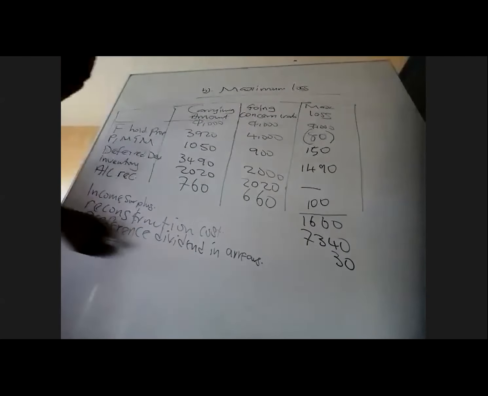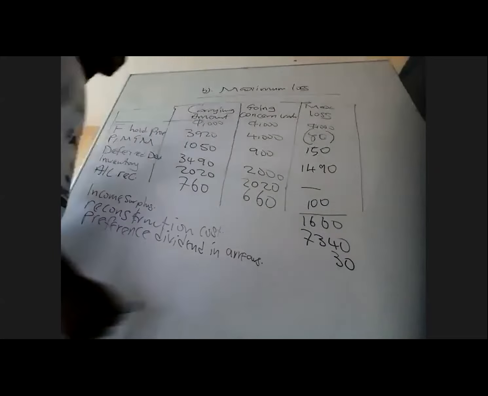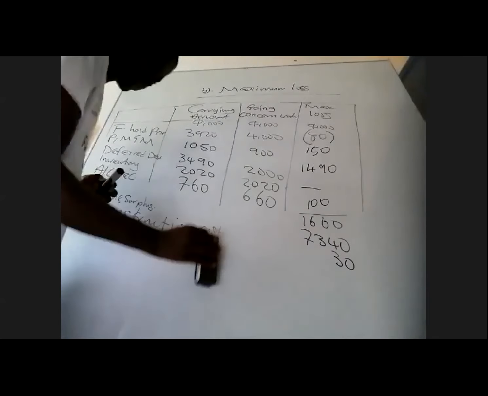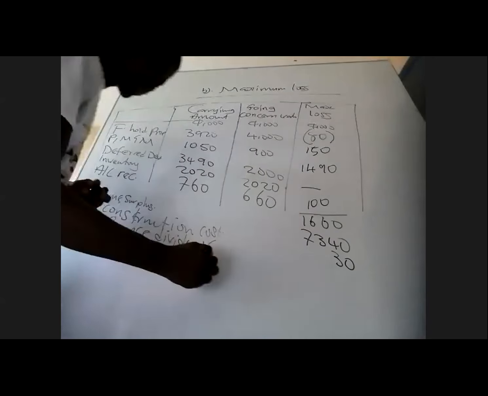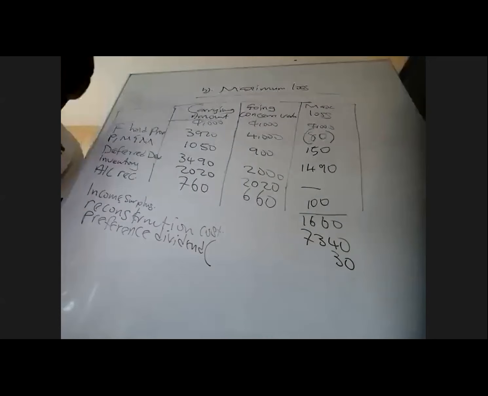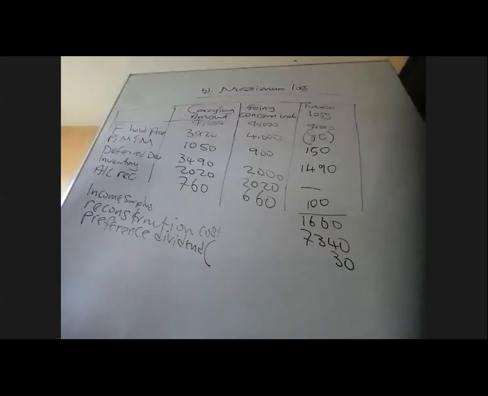I've written it before. You can shortcut it too. Then you do your workings. How do you calculate it? Let me bring it here so that I can make a calculation. Preference dividend. Preference shareholders have preferential treatment over ordinary shareholders because their dividend is fixed. Each and every period it is fixed. And then usually they are quoted in percentage. So 18% preference shares means that every period, you pay them 18% of the value.